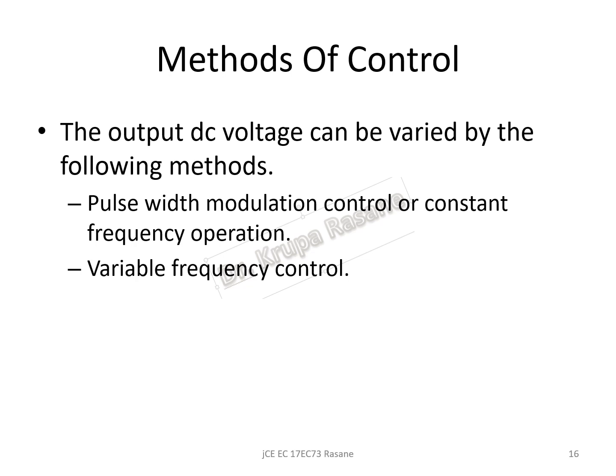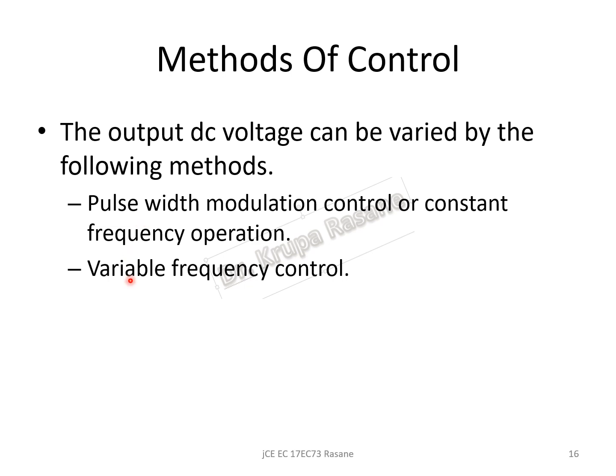Now coming to the type of control, the output DC voltage can be varied by the following methods. One is pulse width modulation control or constant frequency operation, and the other is variable frequency control. Constant frequency means T has to be fixed, and you can change either T on or T off.